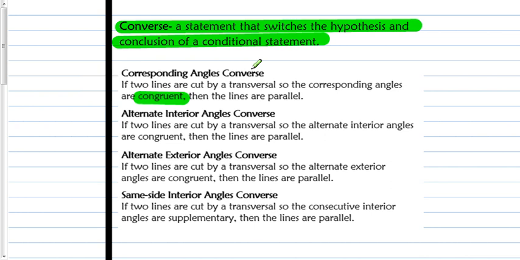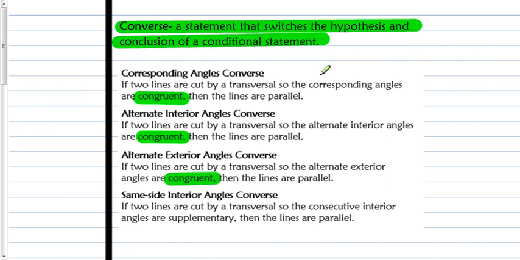Alternate interior angles converse. If two lines are cut by a transversal so that the alternate interior angles are congruent, then again, the lines are parallel. The alternate exterior angles converse says, if two lines are cut by a transversal so that the alternate exterior angles are congruent, then the lines are parallel. And again, notice these converses make a lot of sense to what they're called.